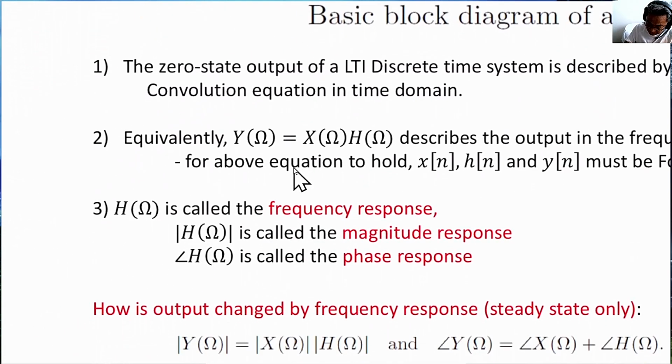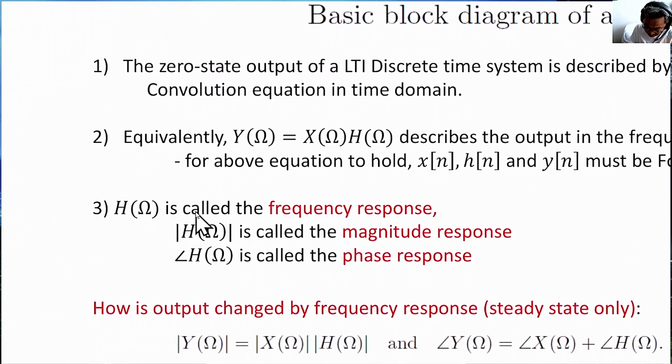Now, the frequency response H(ω), because it is a complex number, can be divided into magnitude and phase. We use these two bars to denote the magnitude of H(ω), and we use the angle to extract the phase.